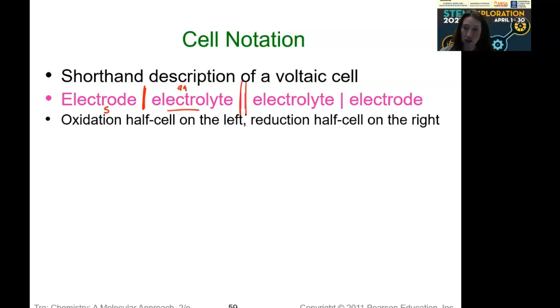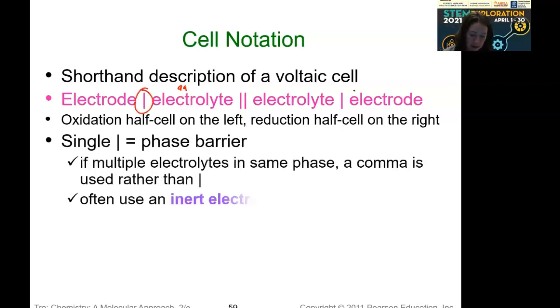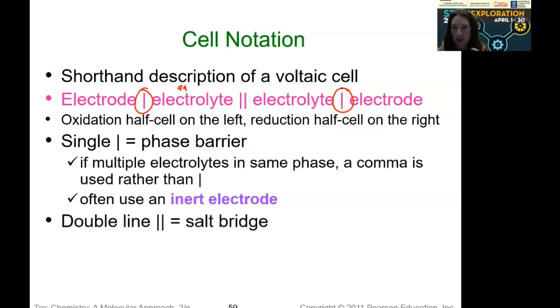This means salt bridge, right? This is salt bridge. And we call these phase barriers. So these single phase barriers are just the difference. Now, you can't have multiples in the same phase, and we'll talk about how to do that later. And then our salt bridge, that's just our double line.